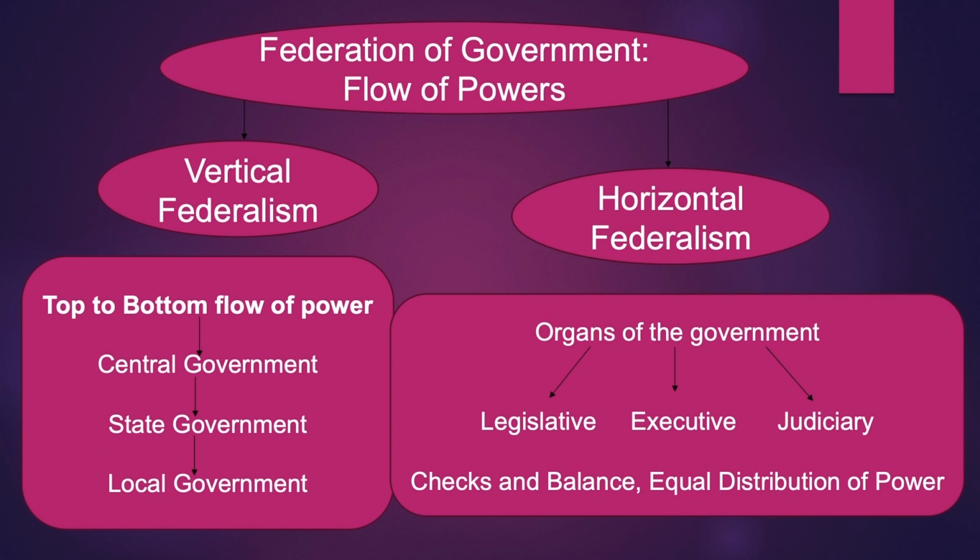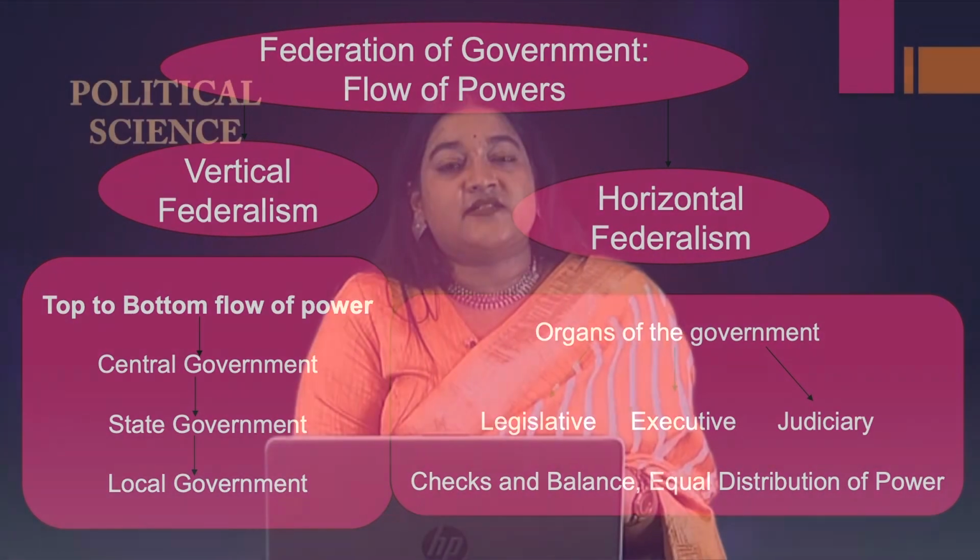Because the powers are similar, the powers are equally distributed, but with the equal distribution of powers, there is a system of checks and balances also attached to it, so that nothing is supreme or arbitrary in nature. In order to remove that arbitrariness from governance, we have kept the concept of checks and balances attached to it.